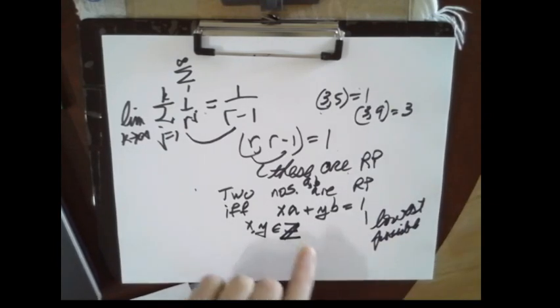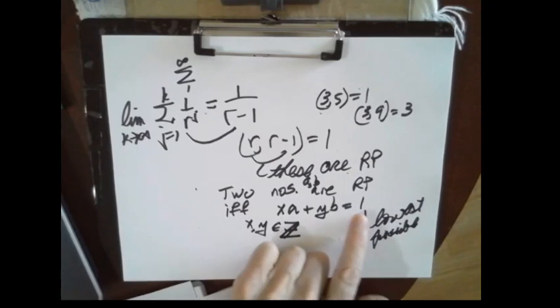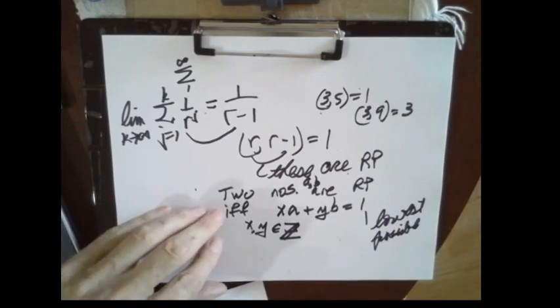A linear combination in integers, get that whole set, and the lowest one, we could use the Archimedean property to prove that such a number exists. That's one, they're relatively prime.